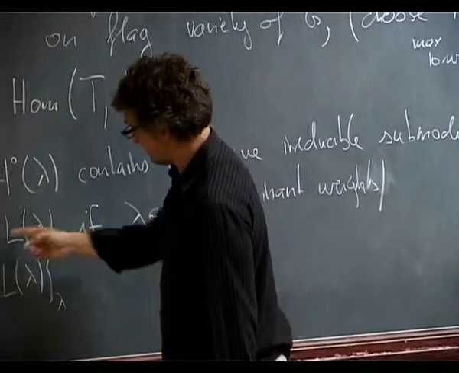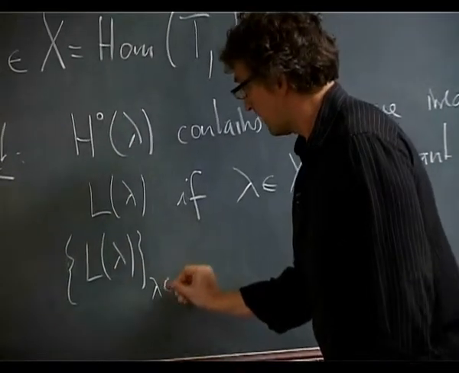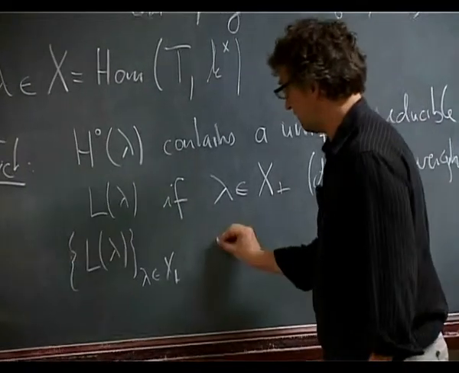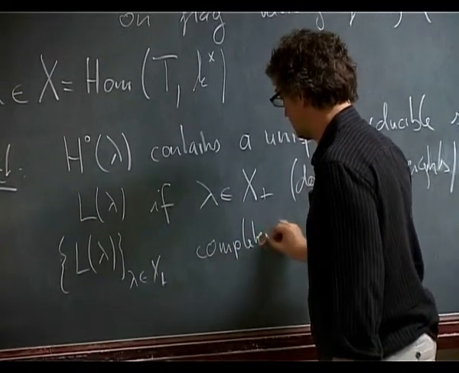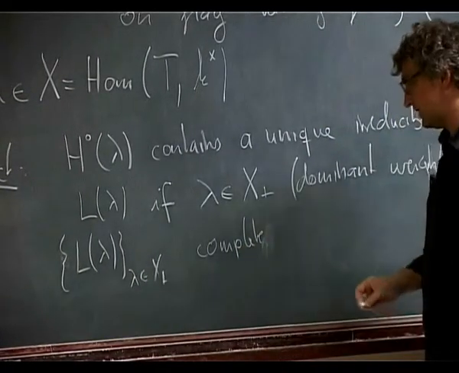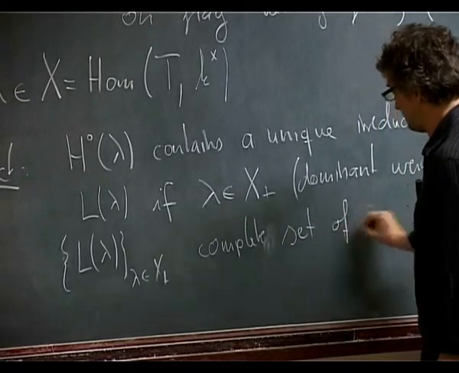And in this case, you have this irreducible submodule L lambda, and this is a complete set of representatives of the irreducible isomorphism classes of rational G representations. So it's a complete set of irreducibles.